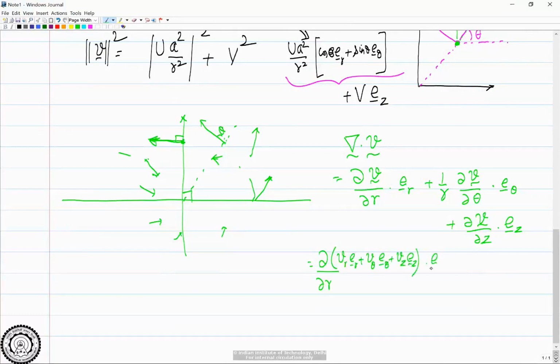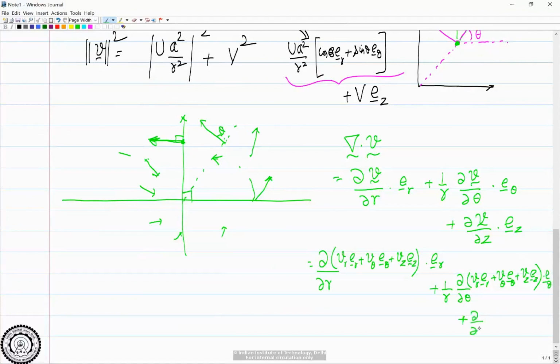Okay, and this has to be dotted with er, plus next one by r del by del theta of (vr er plus v theta e theta plus vz ez), and this is dotted with e theta. Okay, this is the definition of divergence that we have learned. Please ask me if you are not following.